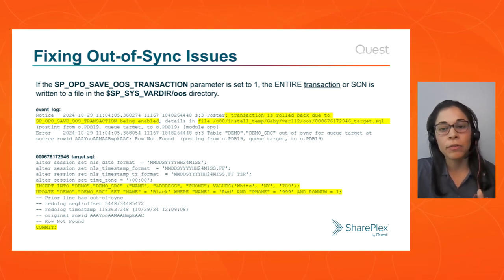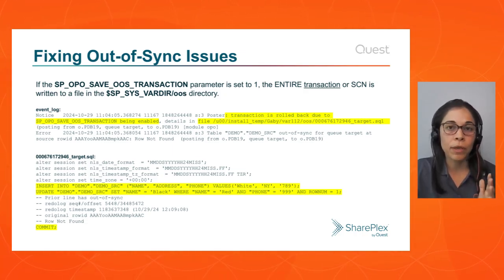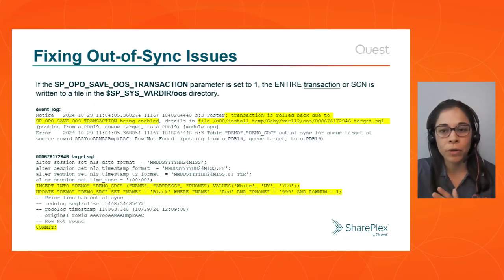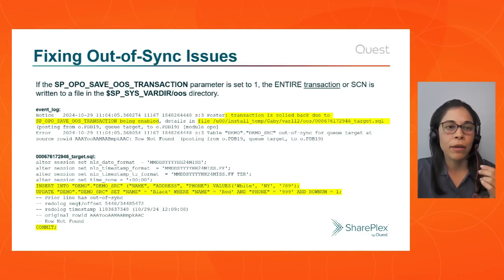But no problem. It is also going to save these transactions in a SQL file in the vardir OOS directory on the target system. Here you can see the message logged in the event log, for example. It will show you that the transaction has been rolled back, and also where the file is.